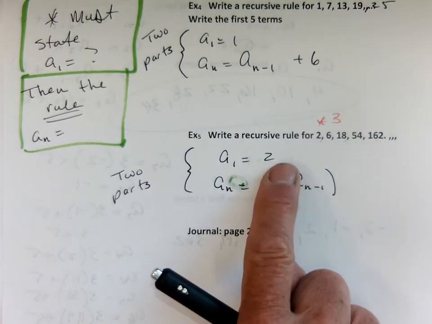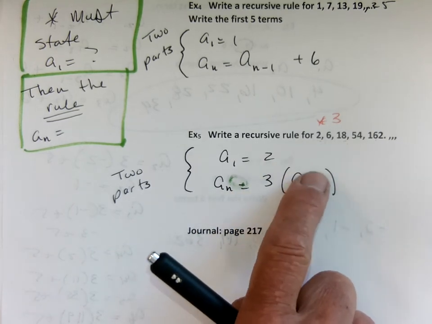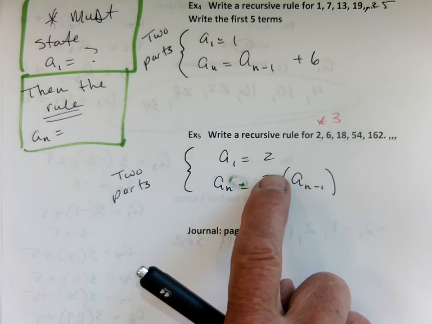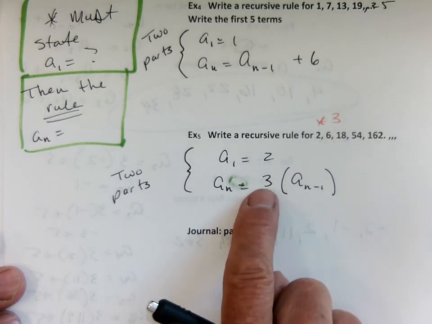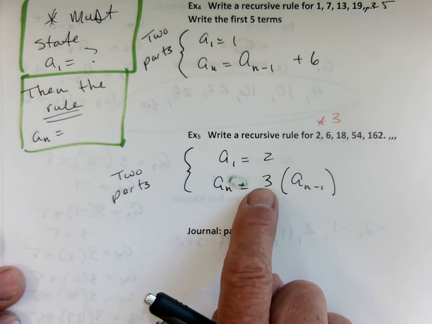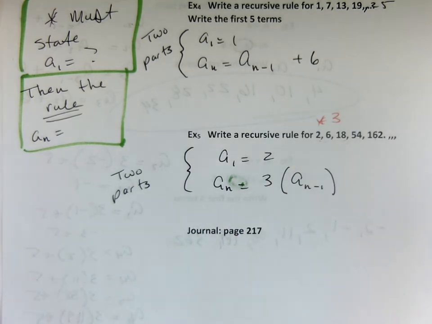So we write down the 2, which we did, and then we take 2 and multiply by 3. Then we take the 6, multiply by 3. That becomes the previous term. Then we'll take the 18 and multiply by 3. And there's my rule. Okay?